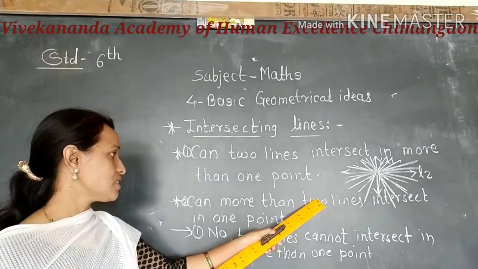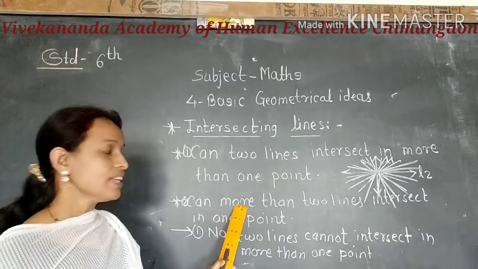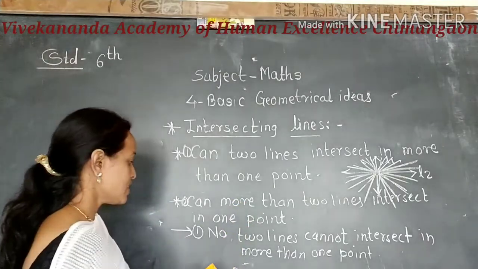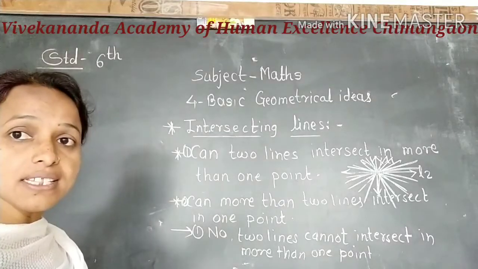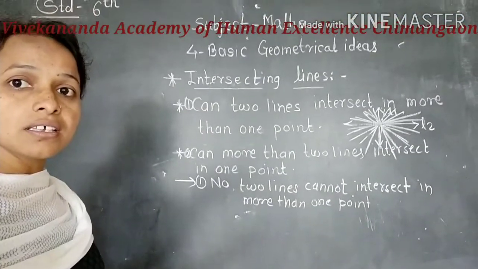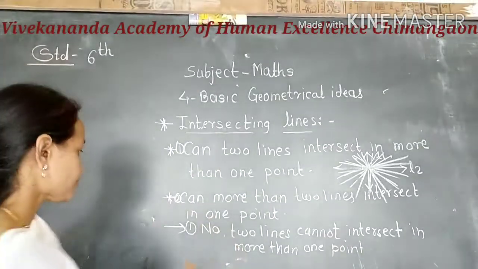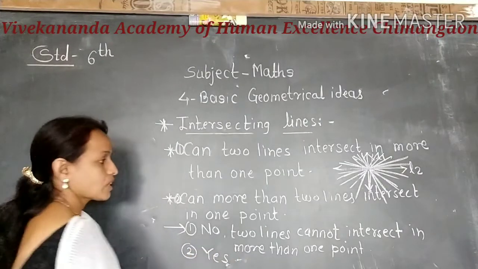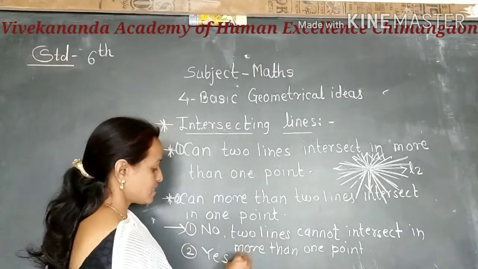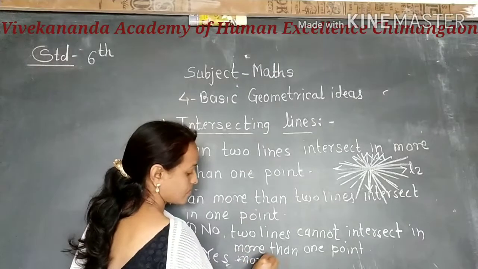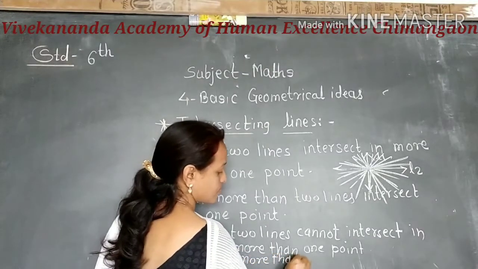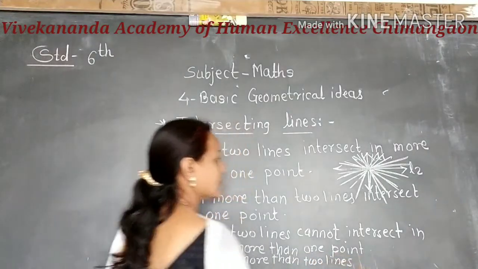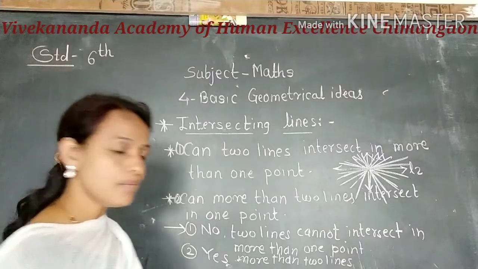More than two lines can intersect in one point. What is the answer?